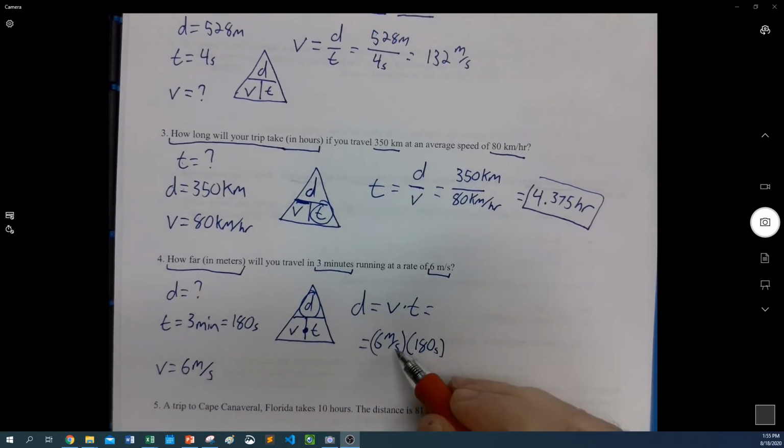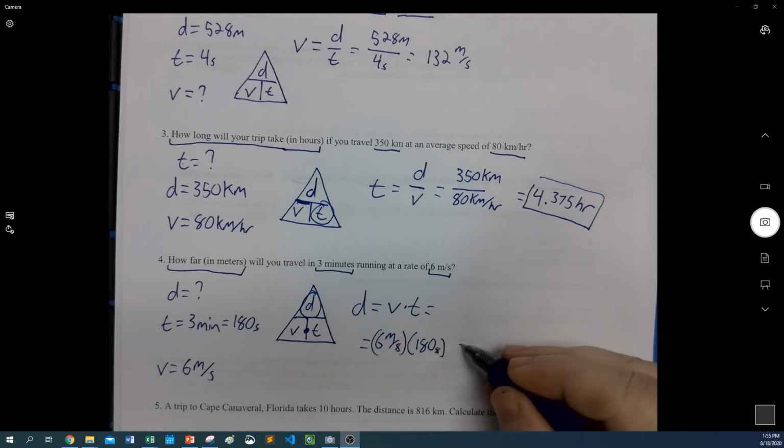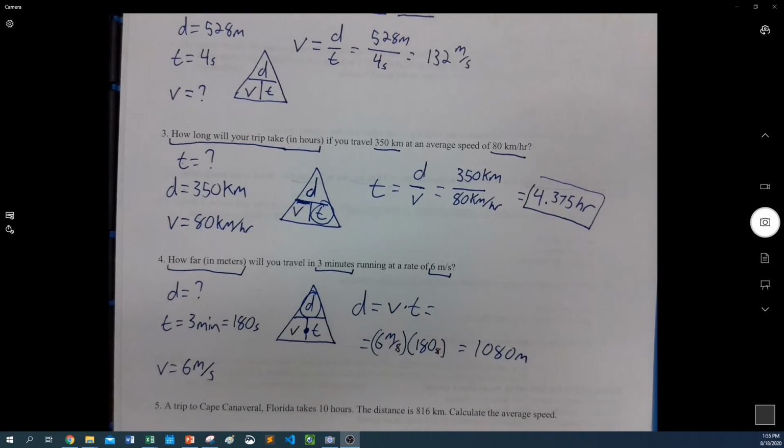Note, the seconds will cancel each other out, giving us 1,080 meters, leaving us with just meters. This is why units are important. If you don't record your units, or you don't pay attention to units, you'll get the answer wrong.